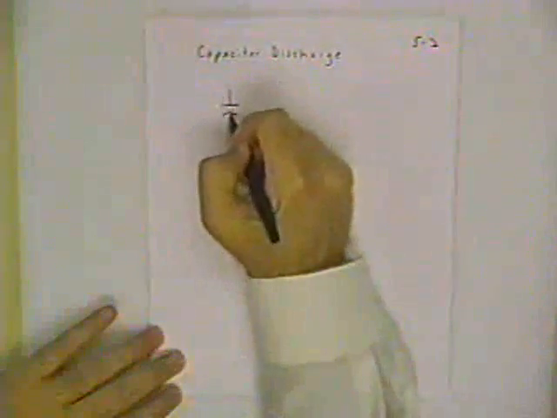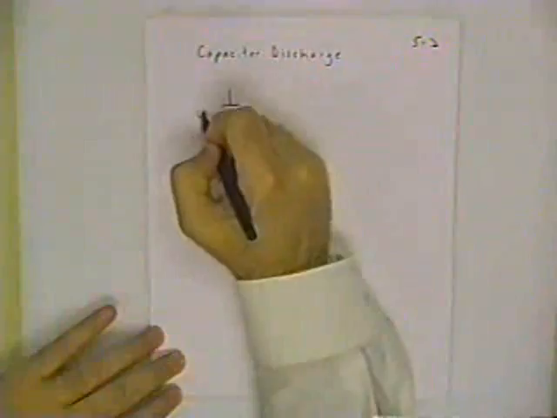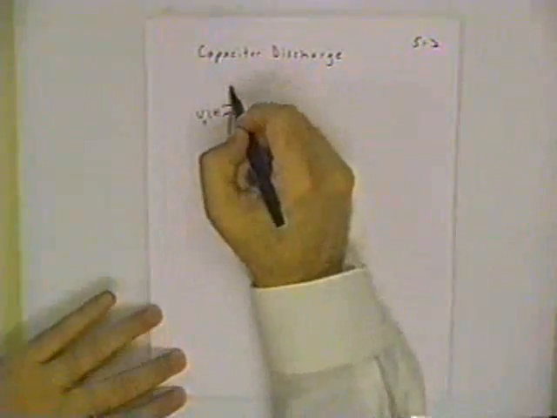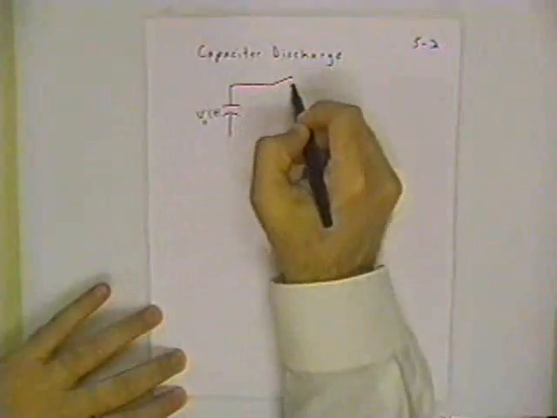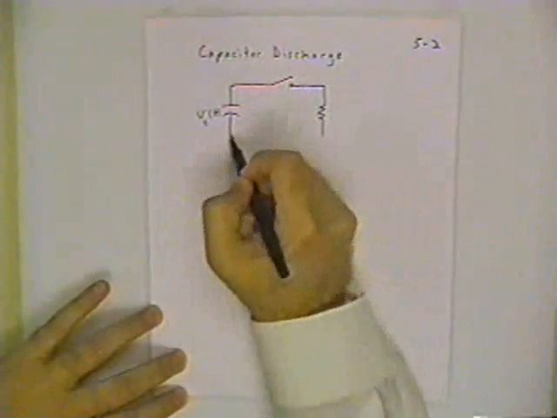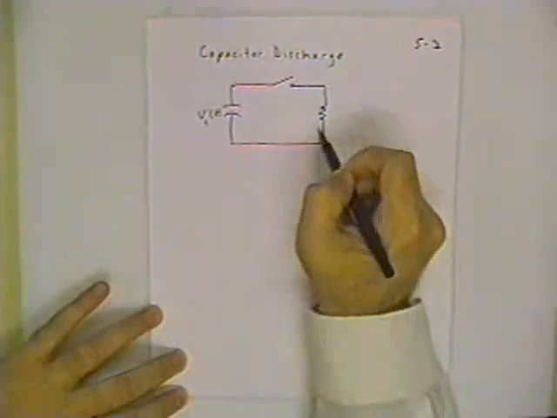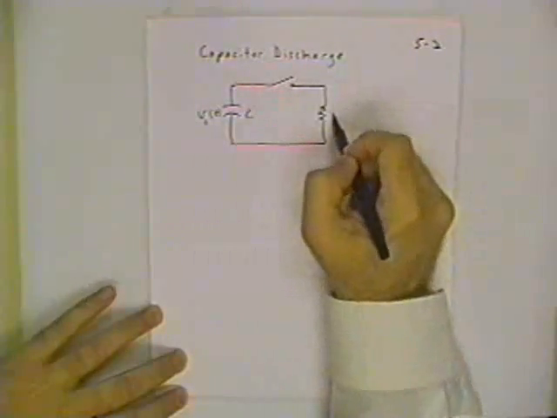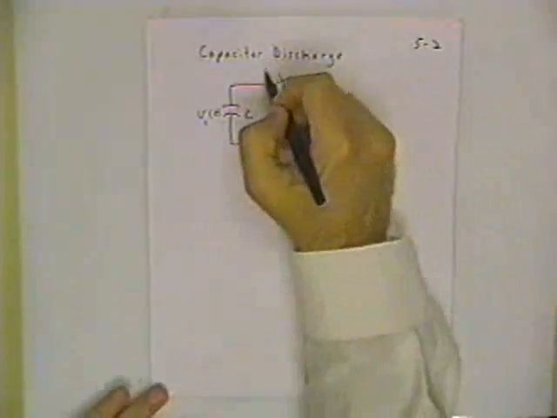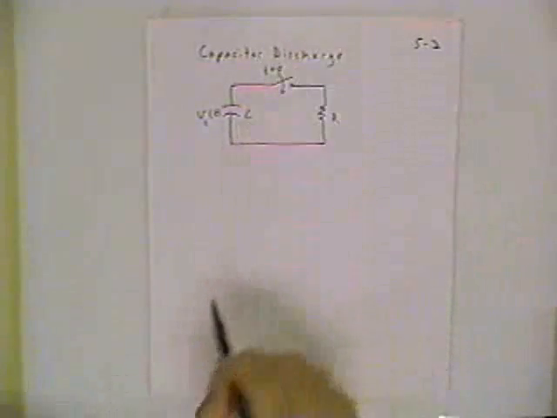So first, we're looking at a capacitor that has some energy stored in it, and so if we say this is a voltage Vc as a function of time, and here's a switch and a resistor. The capacitor has capacitance C, the resistor has resistance R, and this switch closes at t equals 0.